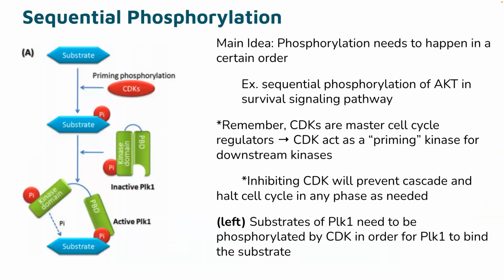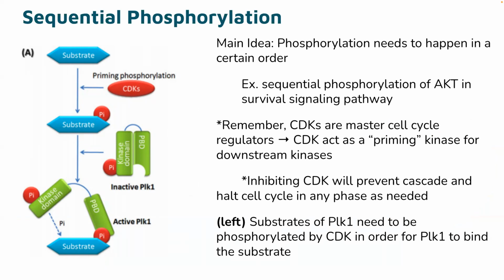And then we also just have sequential phosphorylation as a quick side note. The main idea is that phosphorylation needs to happen in a certain order. An example of this relating back to, I think, topic 5 is the sequential phosphorylation of AKT in the survival signaling pathway.